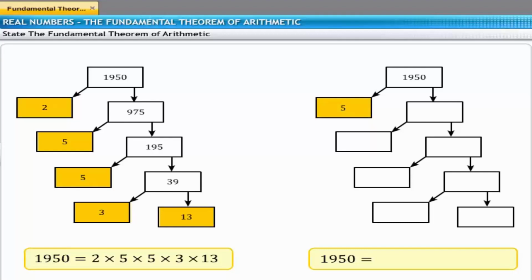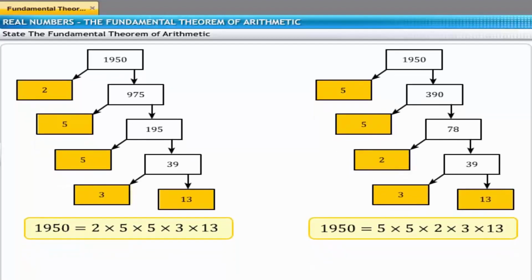Starting with 5 instead of 2, we get another set of prime factors for 1950. How are these factors different from the earlier ones?